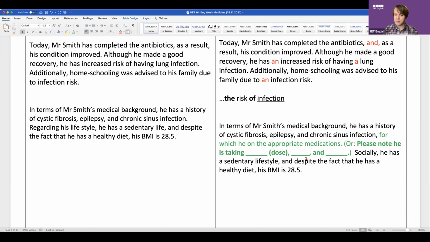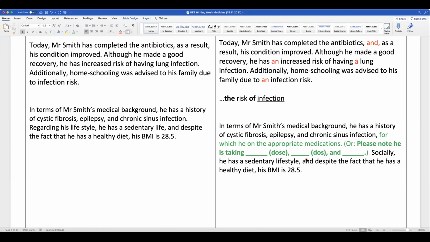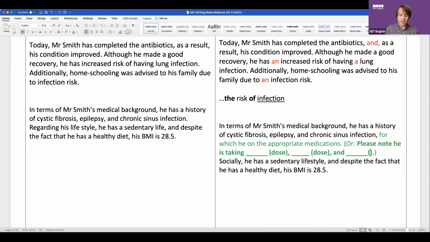Here, right? Can I put them in brackets? Yeah, it's fine. There's lots of different styles for putting in dosages. I don't think we need more than the dosage though, Fatima. I don't think we need the route, for example, but it's worth mentioning the medication itself.